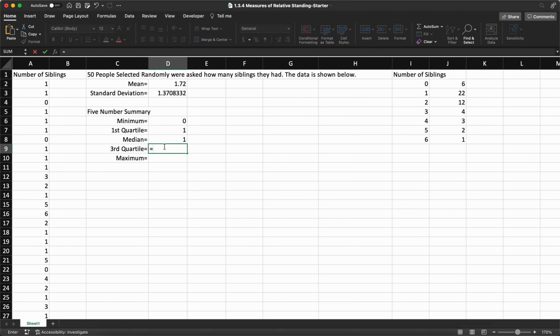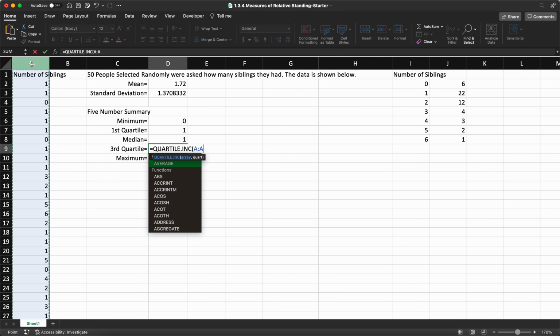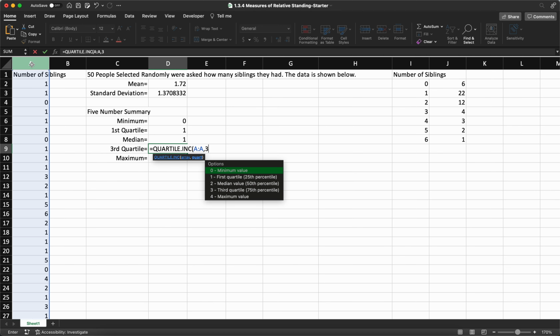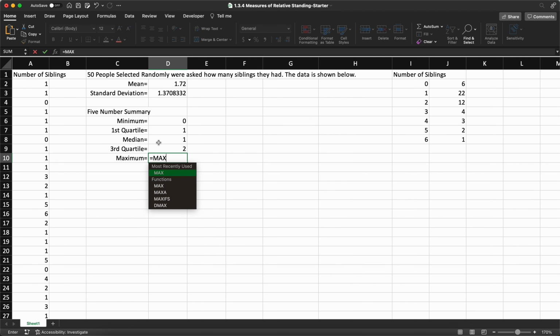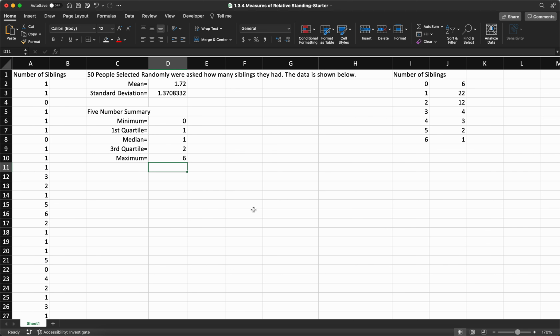And then we can use the quartile function again to find our third quartile, and then we have our maximum, which is max. So there's our 5-number summary.